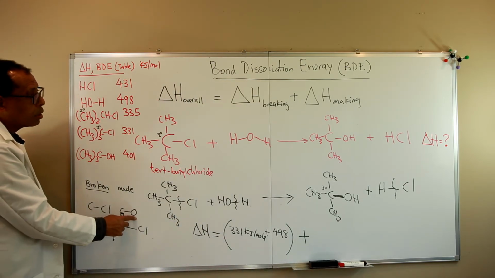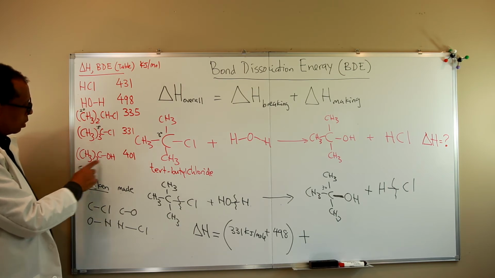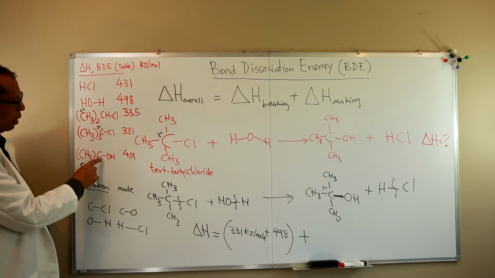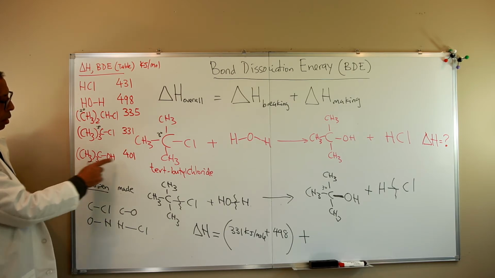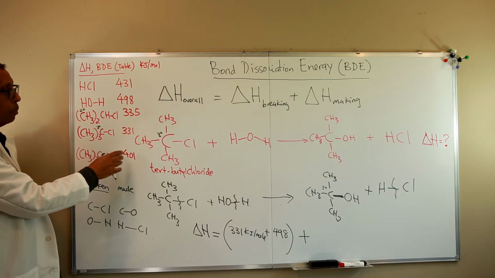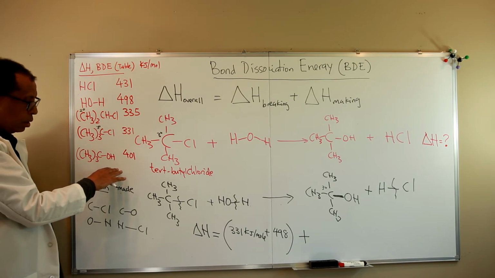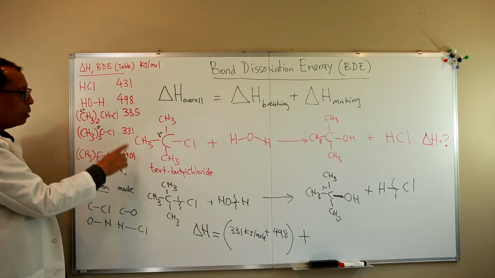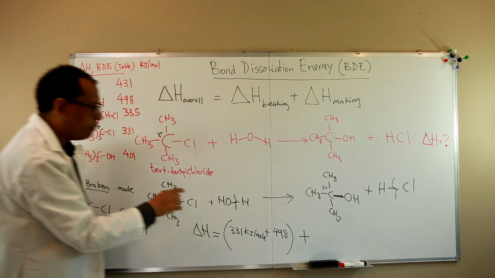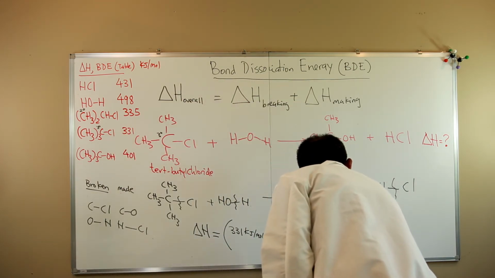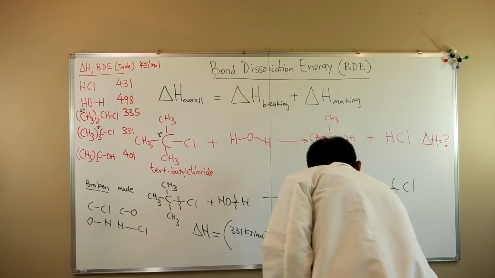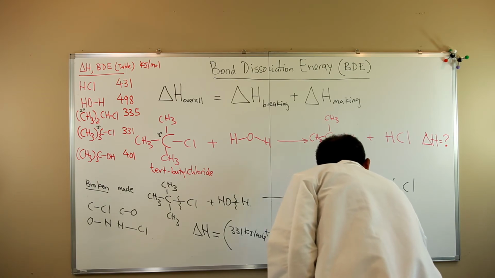The carbon-oxygen value for butanol is 401. But since this is a dissociation energy, the bond made is minus 401, negative kilojoules per mole.